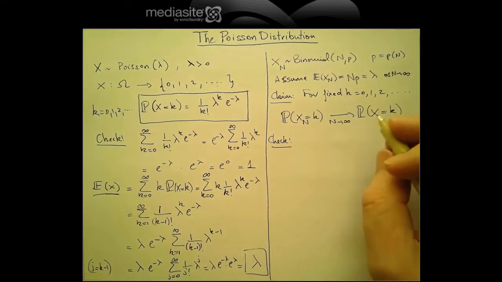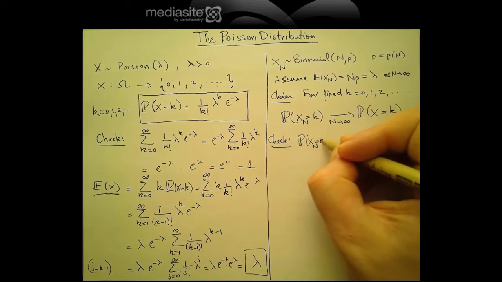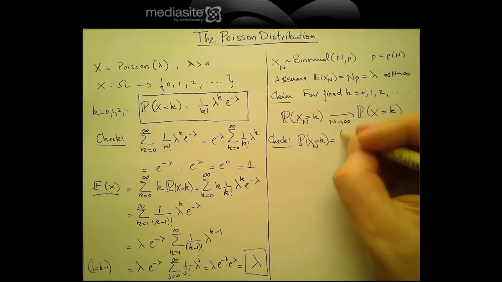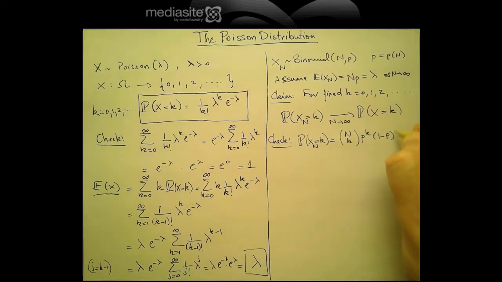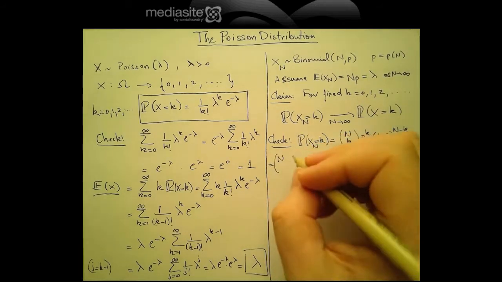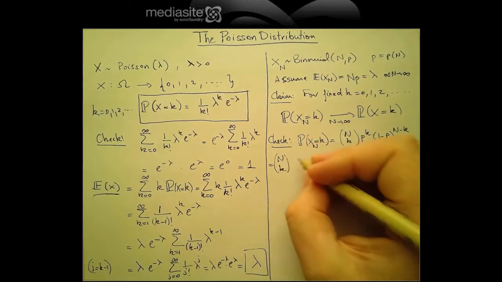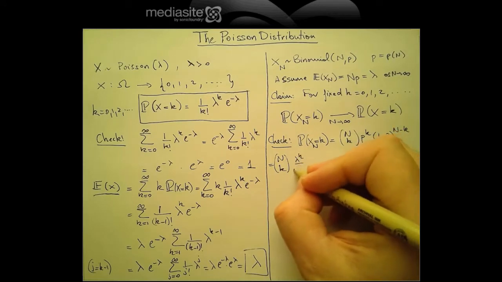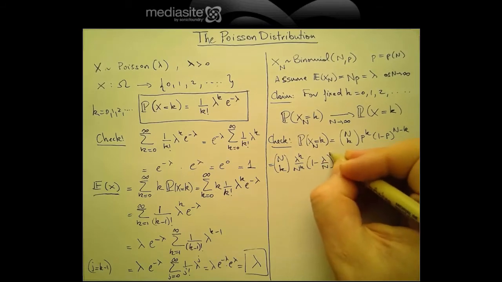Okay, let's try to check that. Let's start with the left-hand side. The probability that xn is k is n choose k, p to the k, 1 minus p to the n minus k. But what is p? p is given by this formula here, lambda over n. So I can substitute: lambda to the k over n to the k, times 1 minus lambda over n to the n minus k.